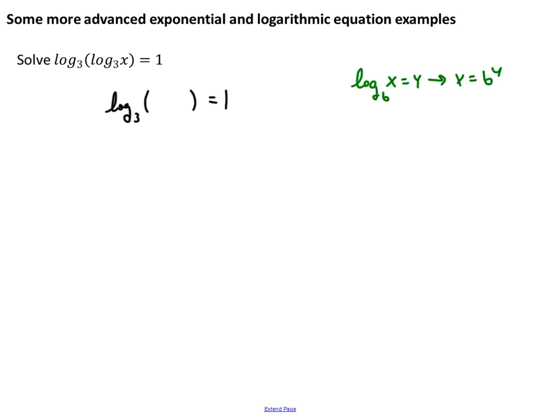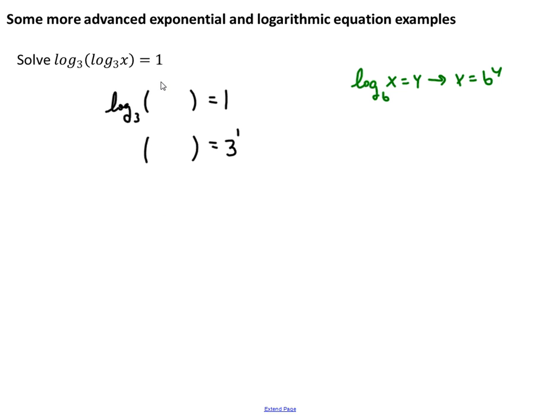Okay, so for our case, what this really means is that when we take this logarithm right here, base 3 raised to the first power, it means that whatever was in this parentheses in the first place right here would be equal to 3 to the first power, correct? All right, so what do we really have in here?